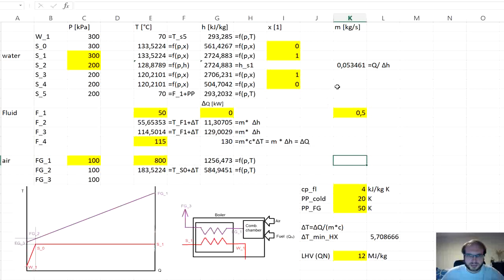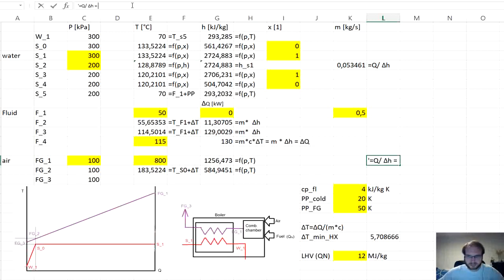Similarly as we got the mass flow rate in here, the heat transfer divided by change of enthalpy, it will be the same case for the required mass flow rate of the flue gas to heat up and evaporate our steam.